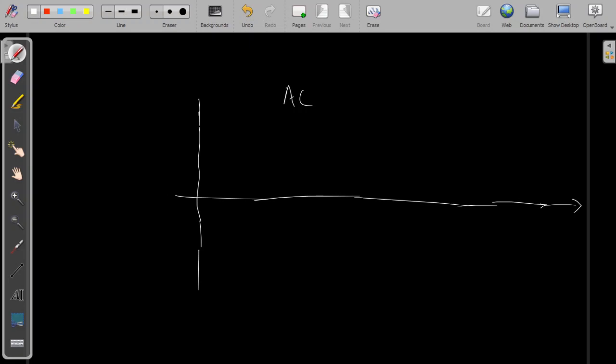So you need not have any doubt about it; it's a simple doubt, you can ignore it. I will be saying AC current, AC voltage. And we have the sinusoidal waveform, just like this.